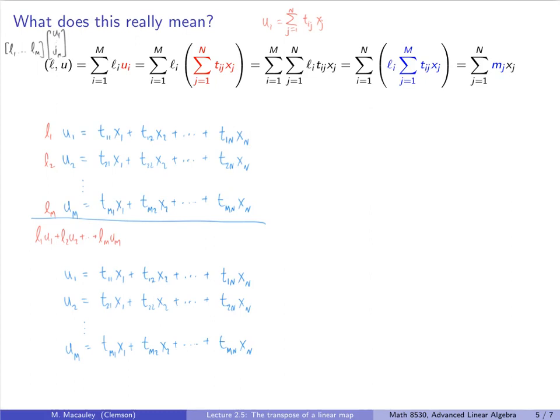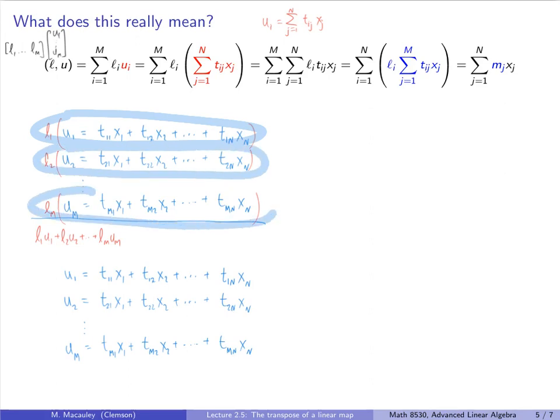Now let me put parentheses around here so you can really see what we're doing. You can think about this instead as L1 times this linear combination plus L2 times this linear combination and Lm times this linear combination. So let me just emphasize here that these are really like rows. So we are taking a linear combination of rows. And what we're going to end up doing is take a different linear combination of columns to get the same thing. So bear with me.